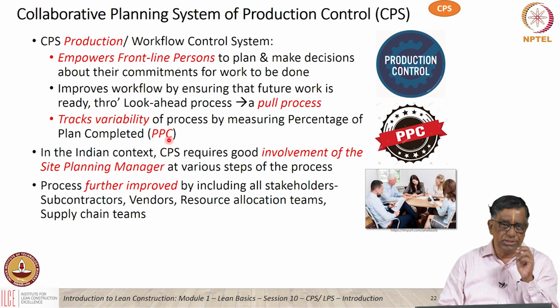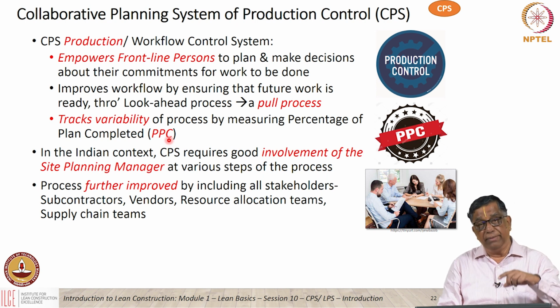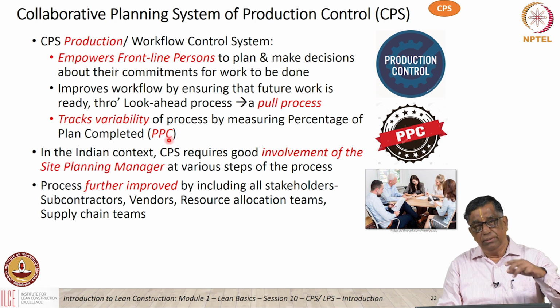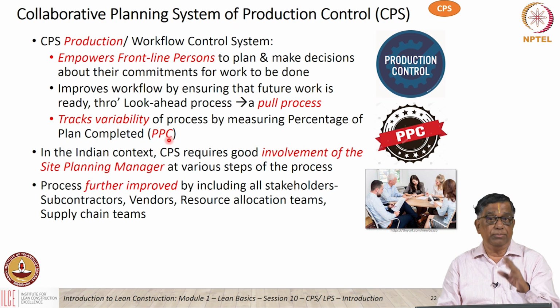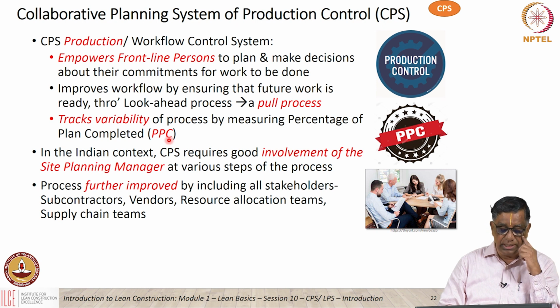So PPC is a tool which measures a number of things indirectly. So after having done a look ahead planning, weekly planning, talking to my colleagues and all that, if I am not able to achieve 100% PPC, then we need to understand why. So PPC is a great factor in that respect.